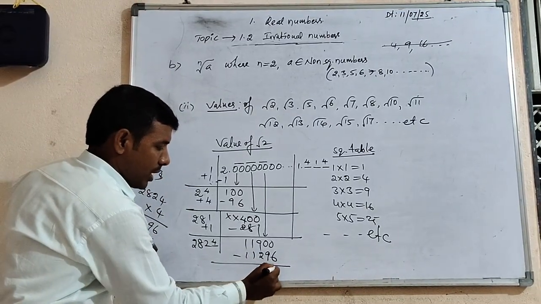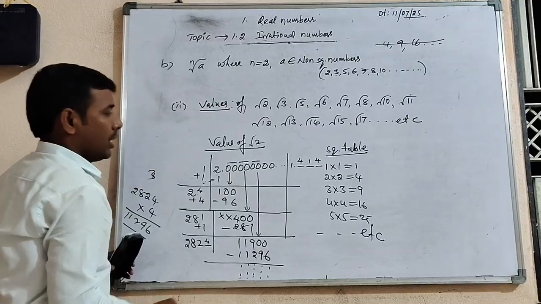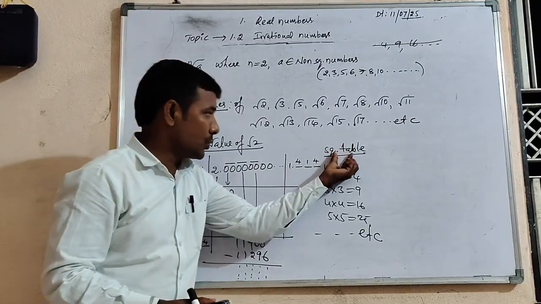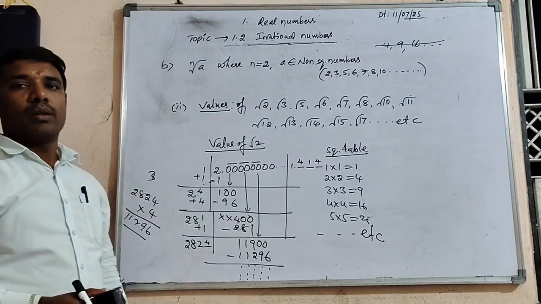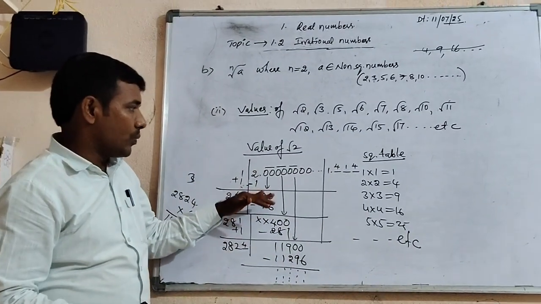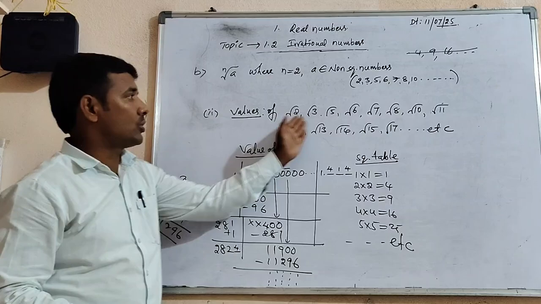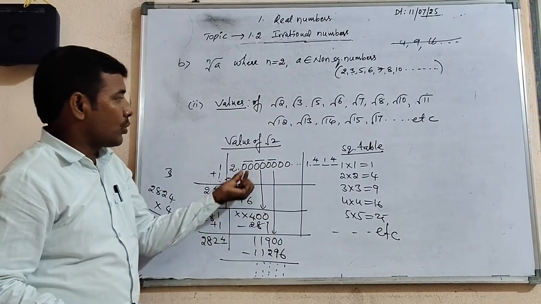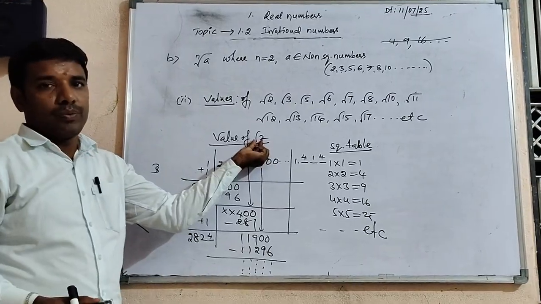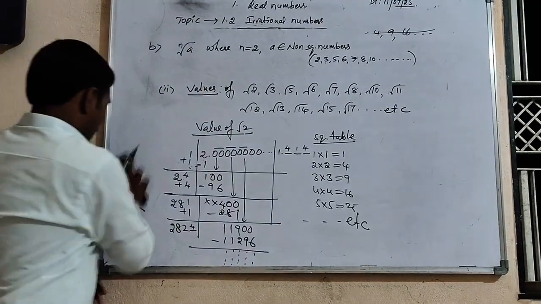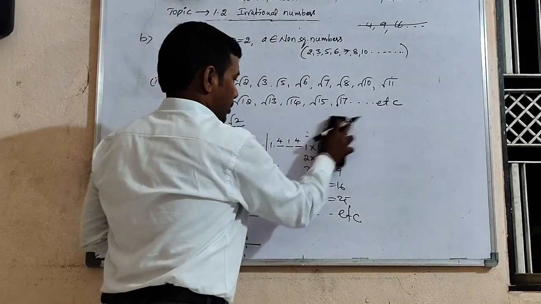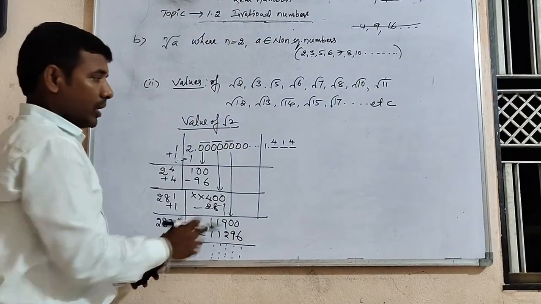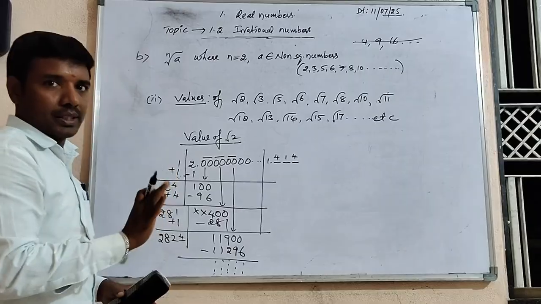Yes, in this manner, in this process, we can bring the results by using the square table. We can find in such a way the values of all of these, not only root 2. This is the calculation part, how to find the value of root 2. Now I am erasing this square table, till here we got up to 3 digits.